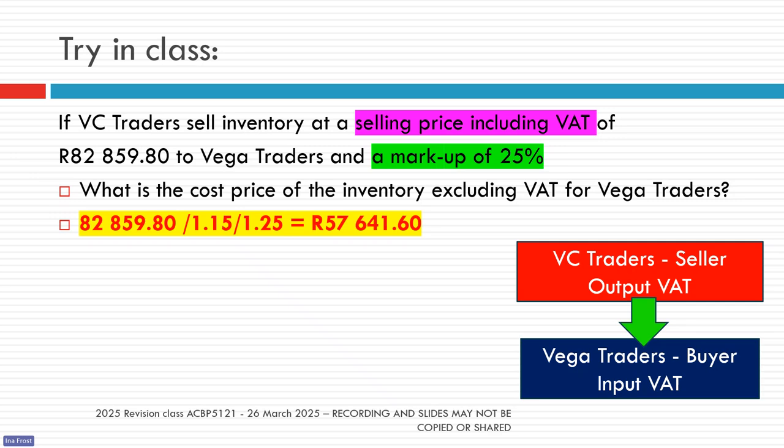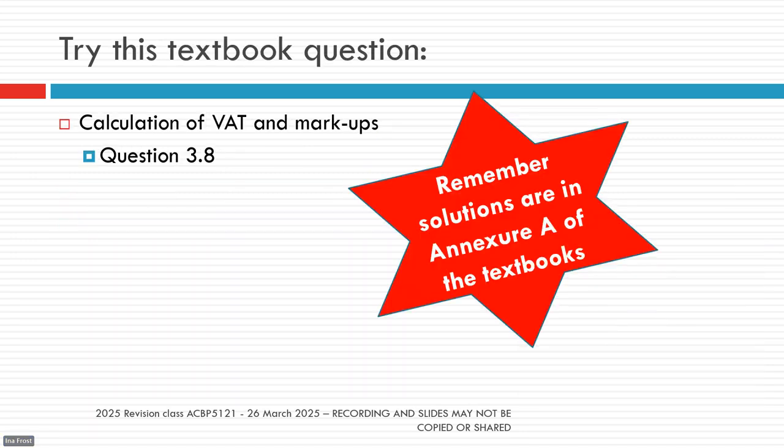You have to break it up because you've got to do two things: remove the markup and remove the VAT. So you need to break it into those two things for us. That was a last difficult question, just to show you how we can combine all these calculations into one.